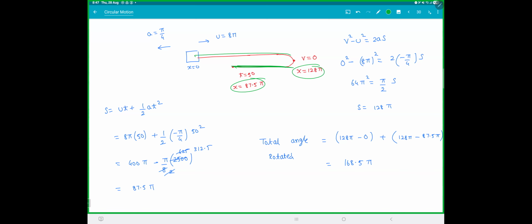You went forward and then you came back, so shouldn't I add all that distance? So you traveled 128 pi forward, then you came back 87.5 pi. So it's like distance only. When they ask you angular displacement, the answer is over here, 87.5. This would be your angular displacement. Angle rotated is similar to distance traveled.